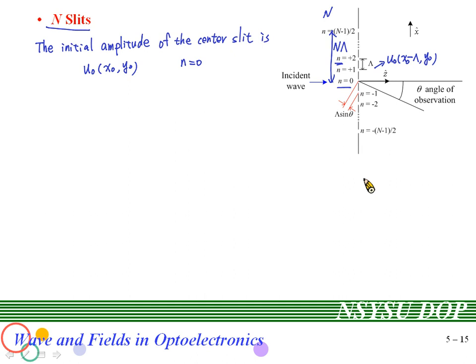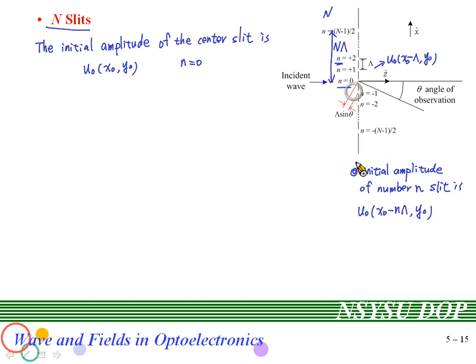Maybe I should write down here the initial amplitude of the slit of number n can be expressed as u sub 0 of s0 minus n capital lambda y0. So according to the number of the slit, you can find its corresponding initial amplitude shown here.